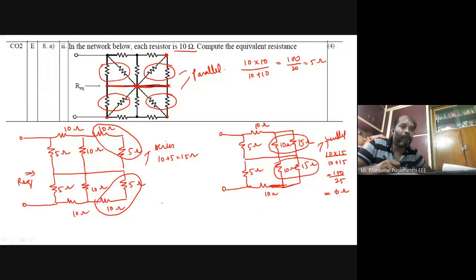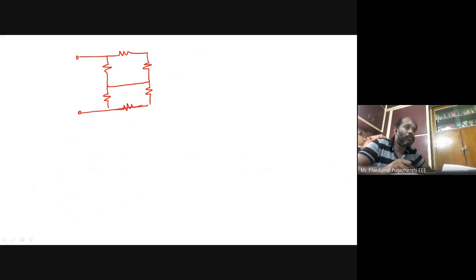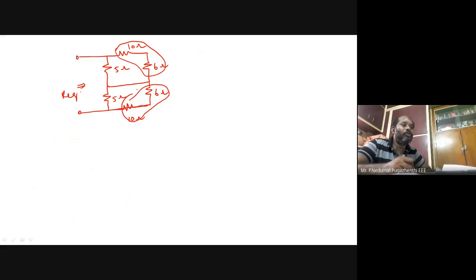I think I can go to the next page. I will try to draw that. I will have one more resistor here. So this is 6 ohm, this is 10 ohm, this is 5 ohm, 10 ohm, 6 ohm, 5 ohm. So I want to know R equivalent. Now I can find these two are in series.